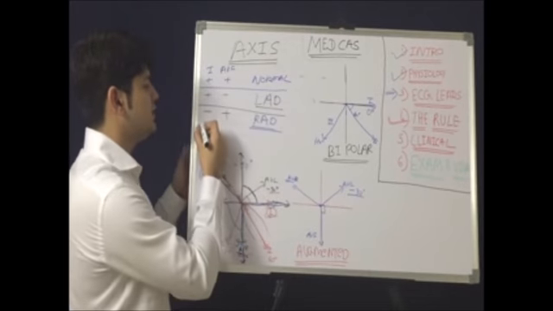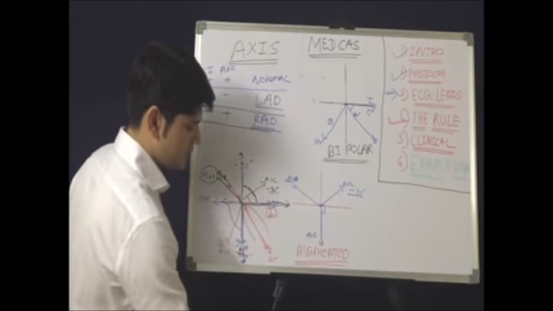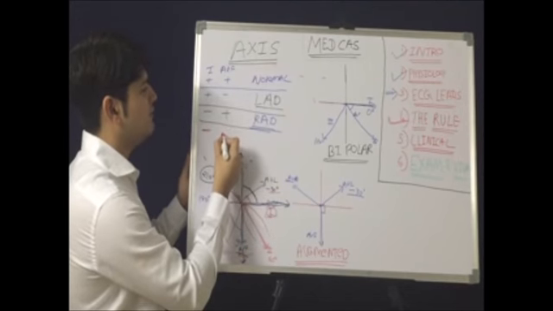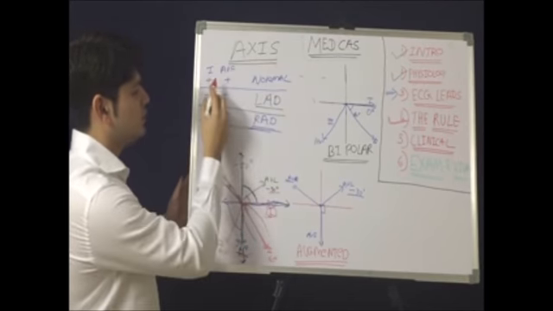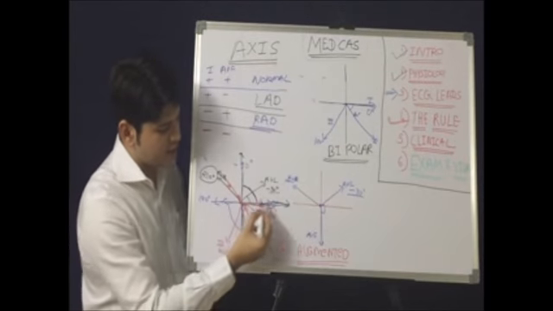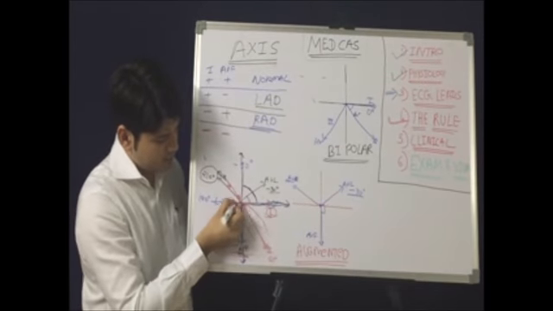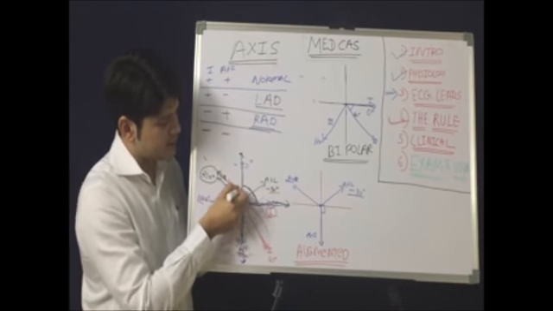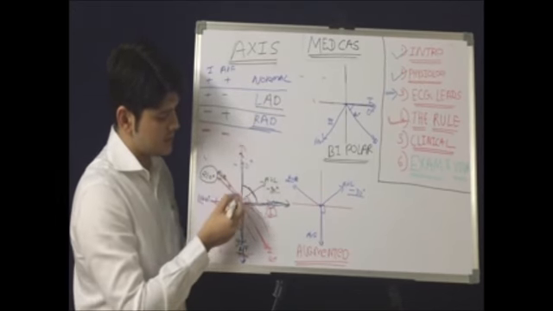Okay, so I got one more ECG where what we got is lead 1 negative and lead AVF negative. Okay, so here if you see the rule, lead 1 is negative, so the current is flowing towards this. Fine. Lead AVF is negative, the current is flowing towards this, that is here.